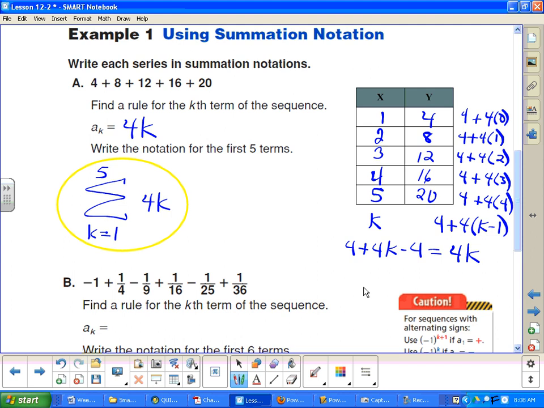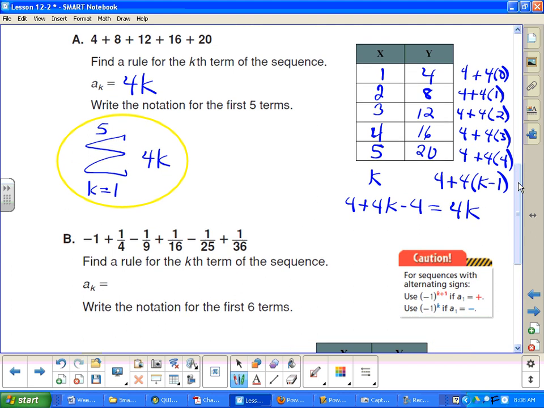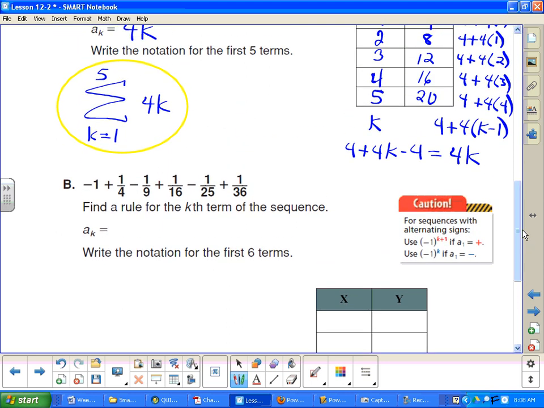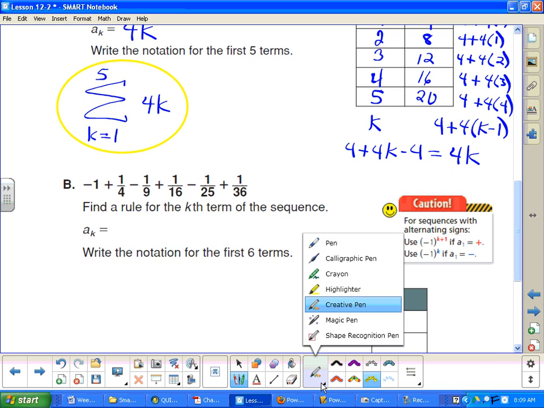All right, so let's look at another one. Now over here, we have a little note, a caution that we have to be advised of.